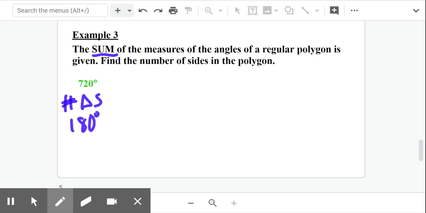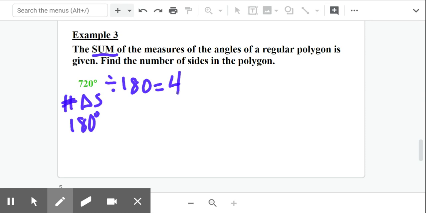So first we need to figure out how many 180-degree triangles are in there. So I'm going to divide that by 180 degrees, and that's going to give me 4. Now, that doesn't mean that there are 4 sides. That means that there are 4 triangles.